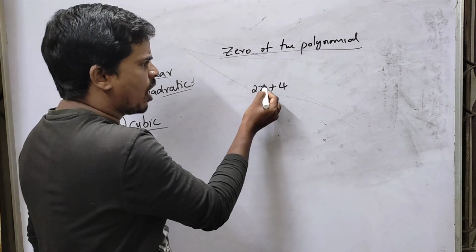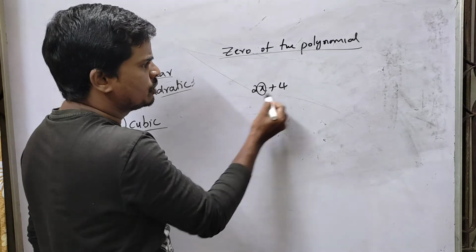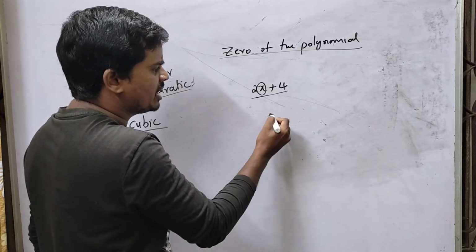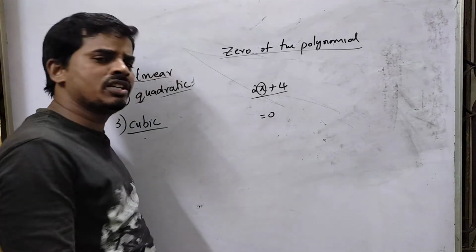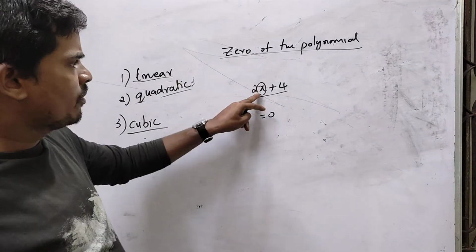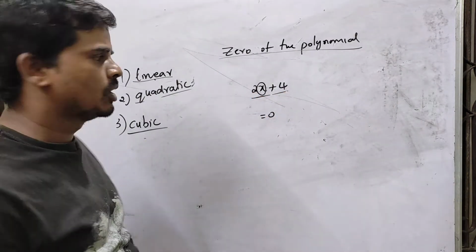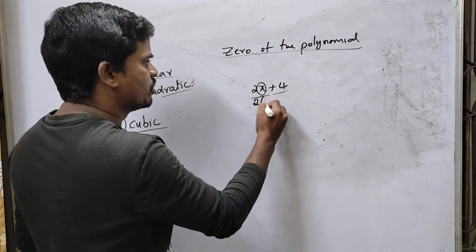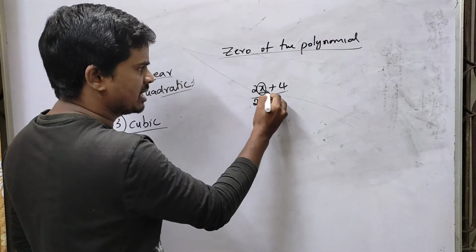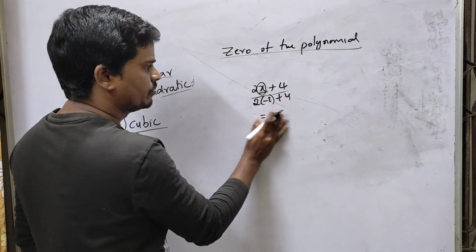So here, what value can I substitute to make the value 0? For what value can 2x plus 4 be 0? So I can substitute minus 2 in place of x.